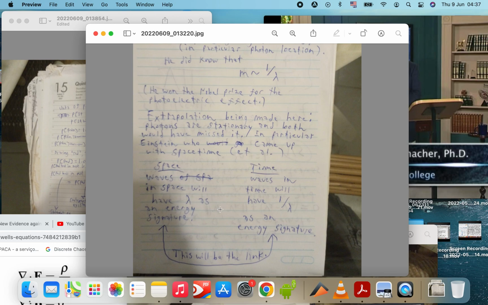Now, the amplitude of a wave, what is it equal to? Well, if we have a sine wave, then the wavelength is 2 pi, and the amplitude is the wavelength over 2 pi. The amplitude is 1, it's the wavelength over 2 pi.